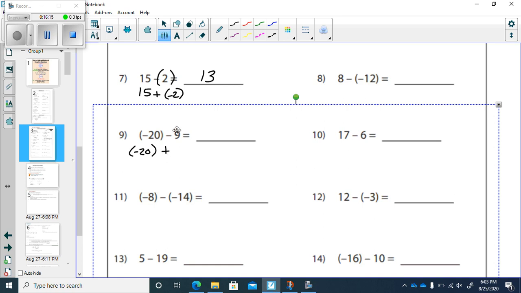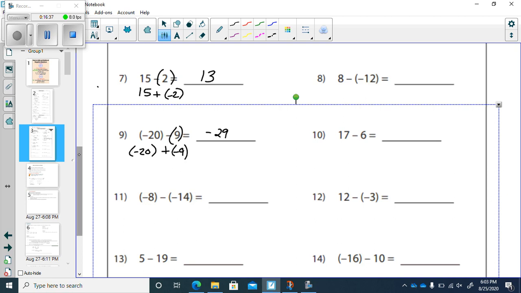Then we're adding the opposite of this number. This is a positive 9, so you're adding a negative 9. If I started at negative 20 and went back 9 more, I would be at negative 29. Same thing as saying, I have the same signs here. Add the two and use the sign that you've got.